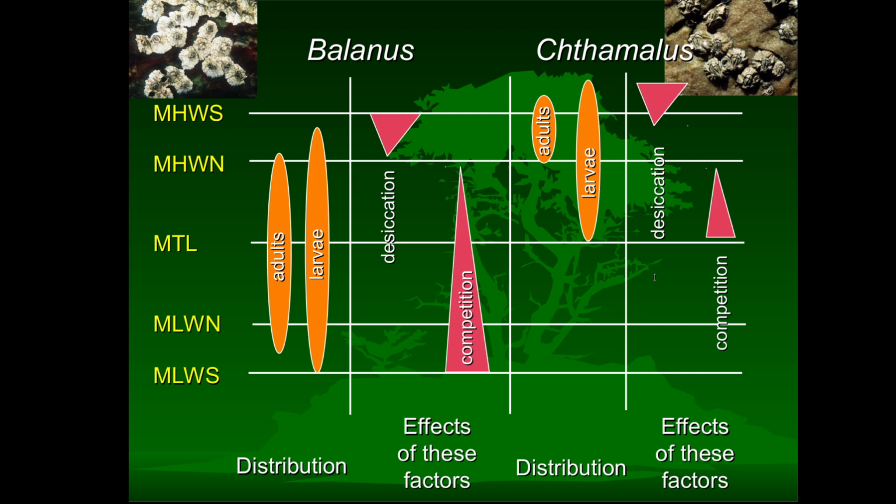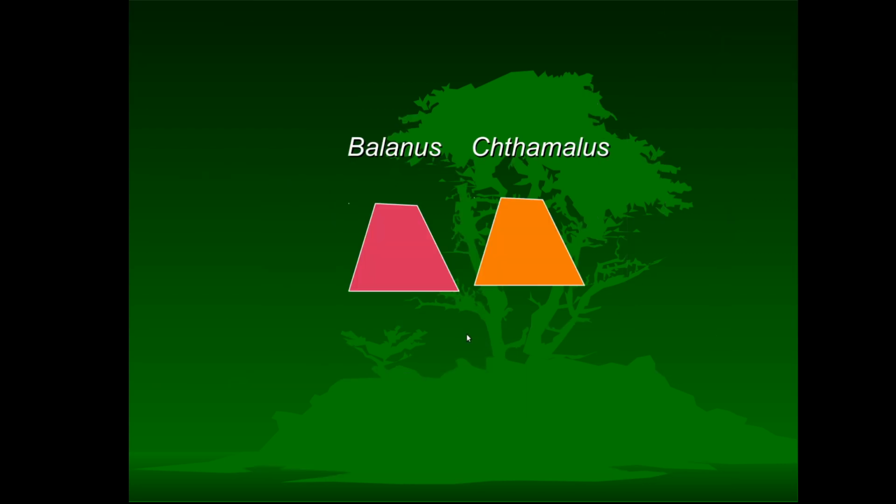He also wanted to verify that competition was excluding Thamylus from the lower portion of the shore. So he followed the fate of larvae and juveniles as they settled into the lower region, where adult Balanus occurred. And here is where he saw what was going on.